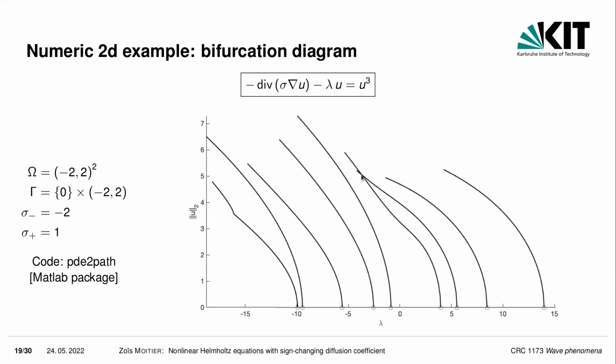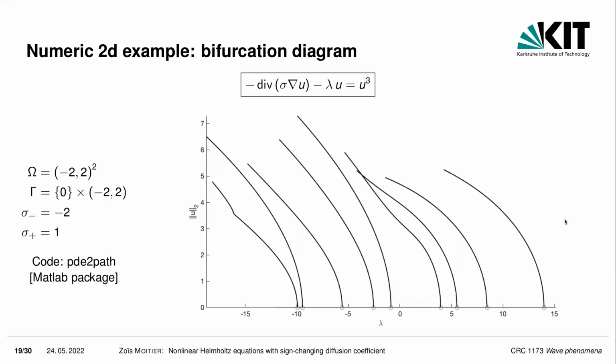Here we didn't verify, but we are pretty sure that this point is not a double point. I mean, the curves don't cross in the full solution space, but you just have two solutions with the same norm here.